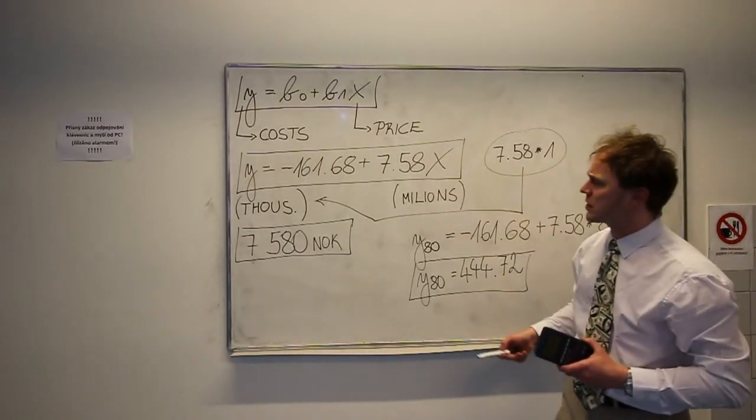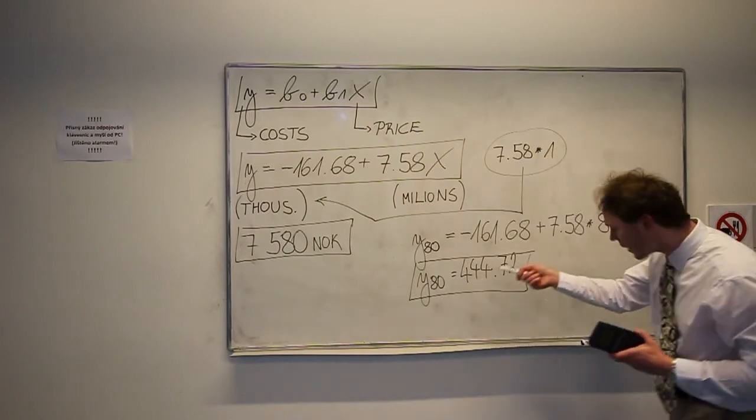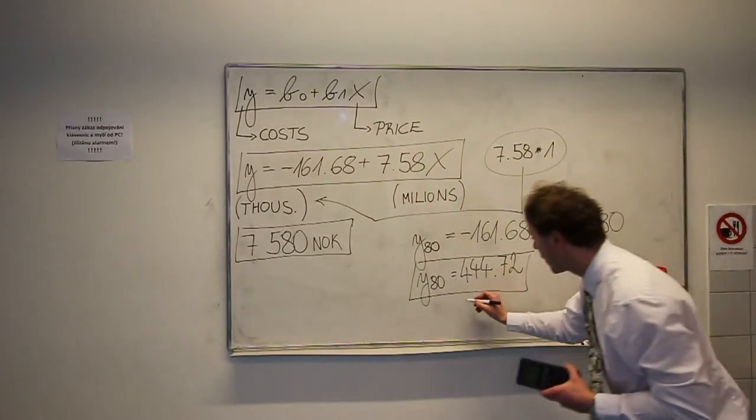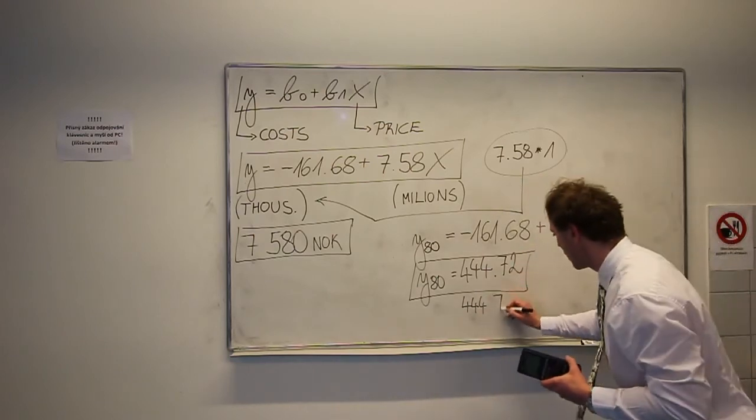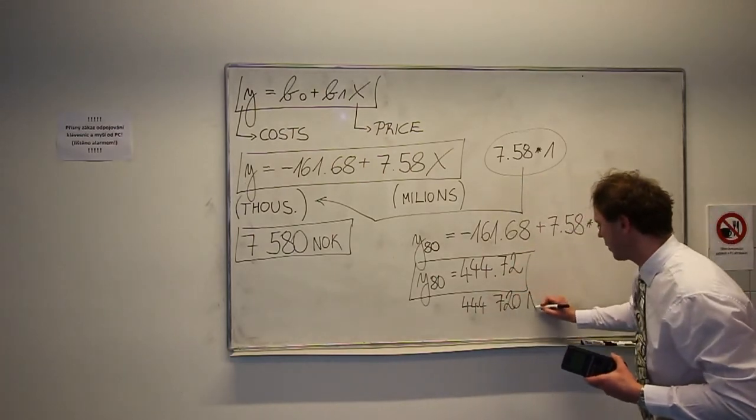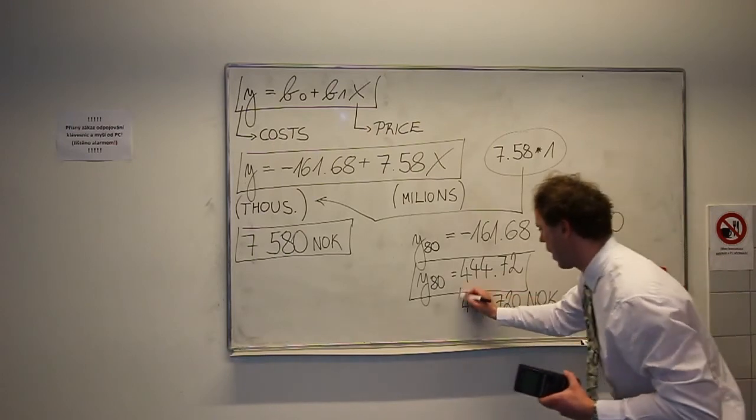This is in millions, this is in thousands. So in thousands of Norwegian crowns, this is 444,720 Norwegian crowns.